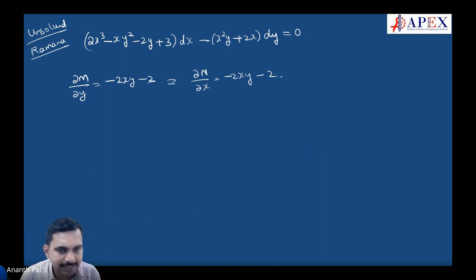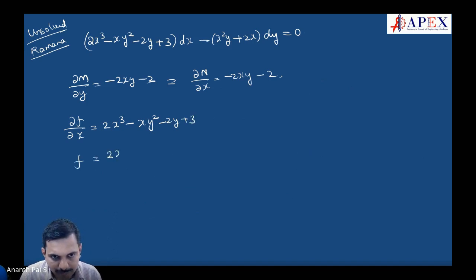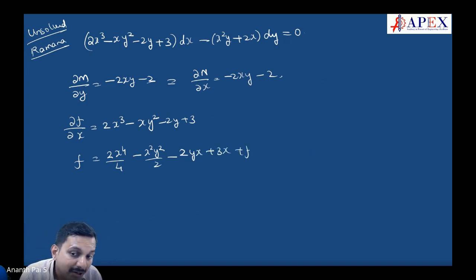Since it's exact, I can write dou f by dou x is equal to M, 2x cube minus xy square minus 2y plus 3, and integrate. So you get f is equal to 2 times x power 4 by 4 minus x square y square by 2 minus 2yx plus 3x plus a function of y.